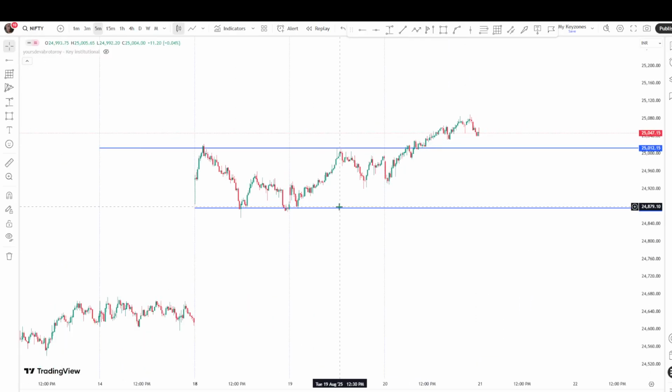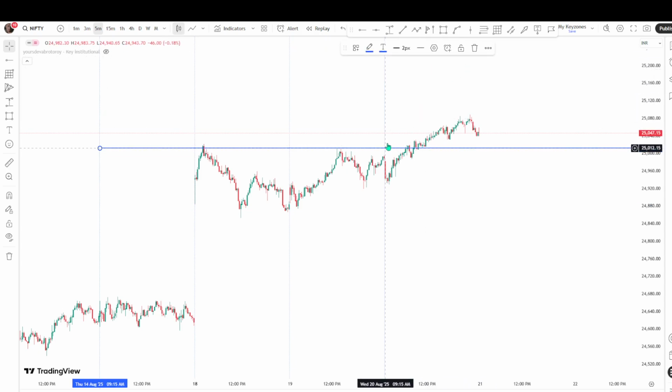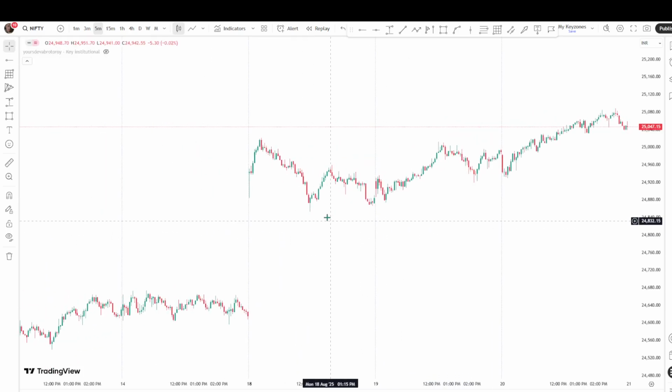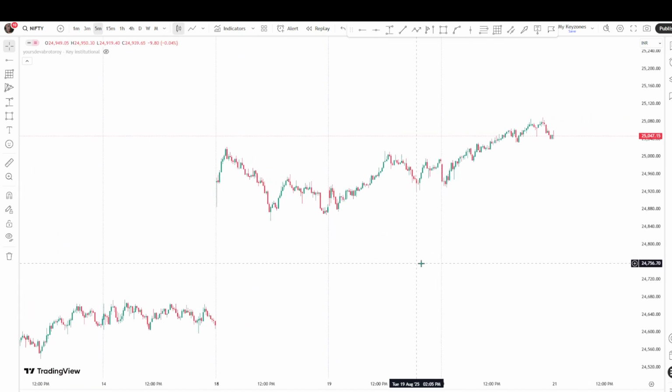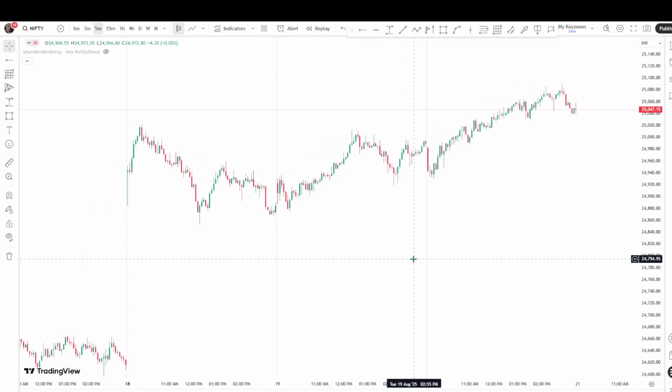For better understanding, let me just remove this. I just want to discuss a few points with you guys, about how the market is trying to put a structure around us.